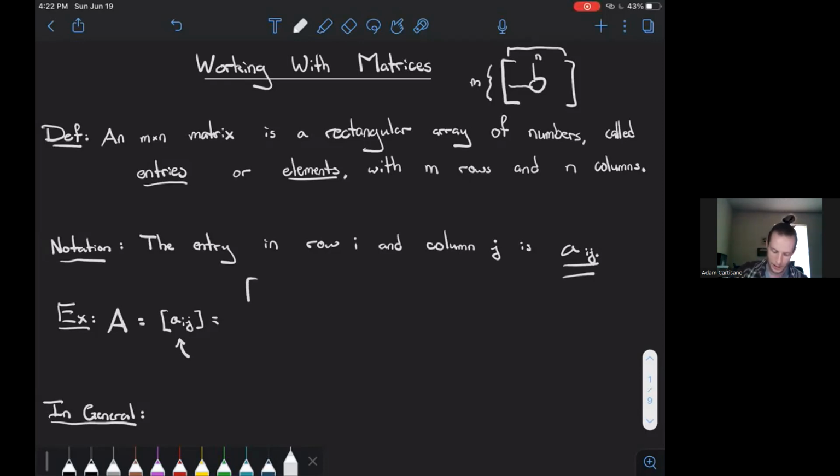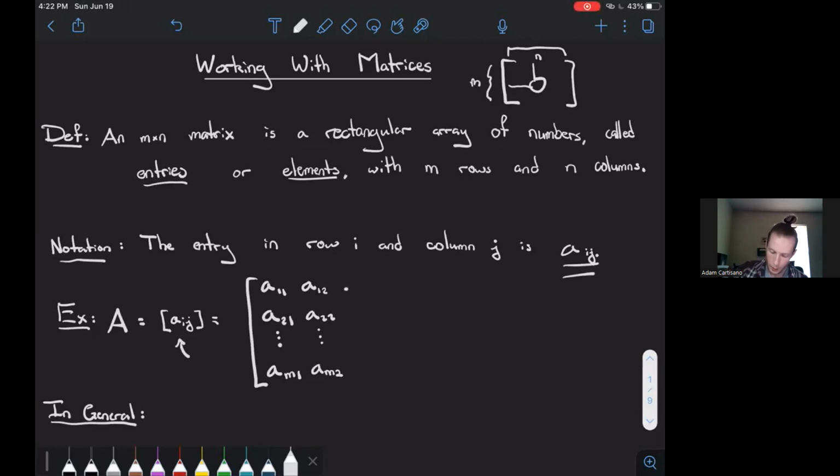So it's this matrix: A11, that's row 1, column 1. A21, that's row 2, column 1. And so on, all the way up to AM1, where this is row M, column 1. Then you go to column 2, in row 1 we'll have A12, and then A22, all the way up to AM2.